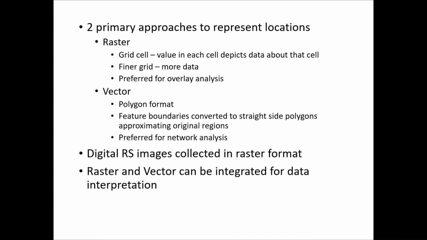Digital remote sensing images are collected in raster format, and they are integrated for data interpretation. Suppose I showed you the land use land cover dynamics work that I have done for Kerala, right? What I did was collect the raster data, the satellite image for the whole area, and finally I cut out the boundary of Kerala from that.